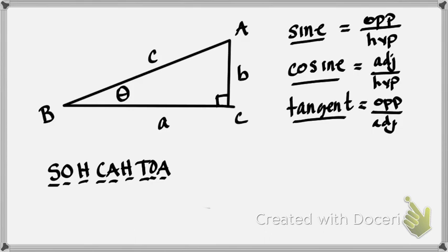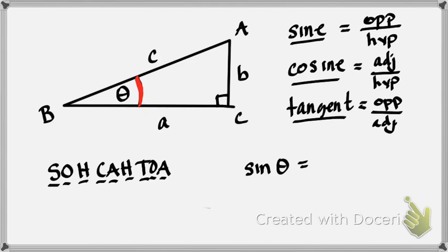So if we were looking at this right triangle and we had this angle theta here, that was the angle that we were looking at, we would say this: the sine of theta is equal to, well, if we're looking at this angle right there, what is the side opposite that angle?